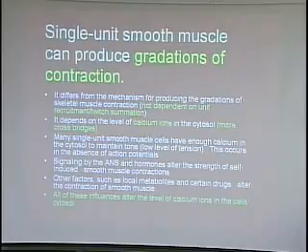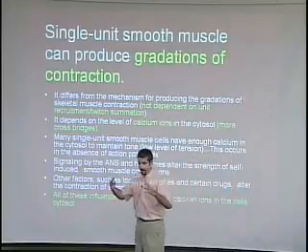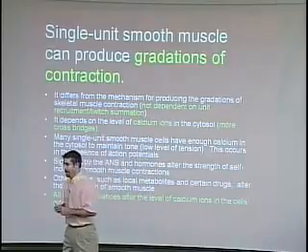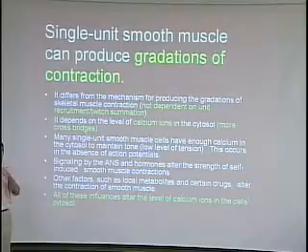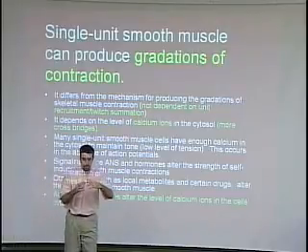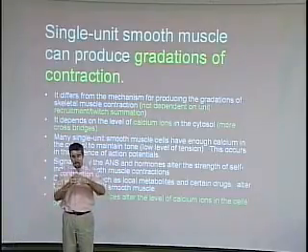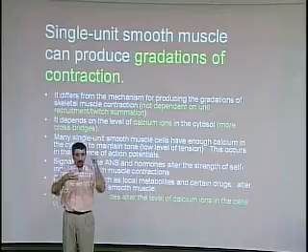I've already talked about this. The biggest difference here is that with single unit smooth muscle, you can get gradations of contraction. You can get varying strengths of contraction. It has to do with the way that they are designed. They're not in strict parallel lining, so they're sort of all spread out and just grabbed on. Realize that the optimal length for smooth muscle is different than for skeletal muscle, because already in a resting situation, smooth muscle, especially single unit smooth muscle, is closer together.